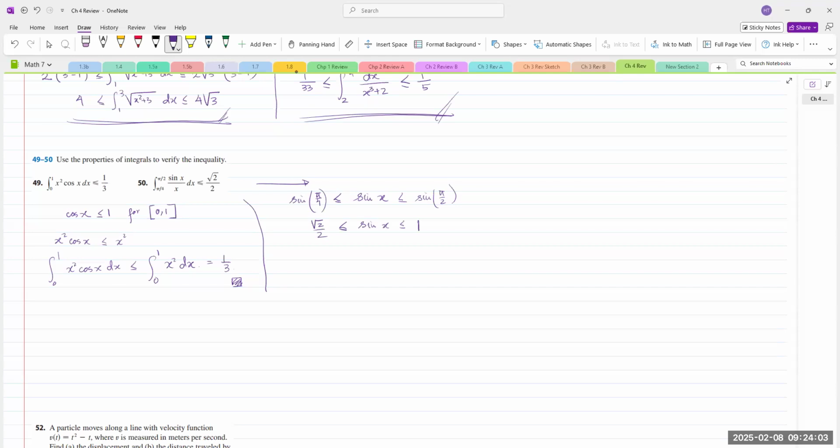So if I divide by x, what happened? The thing is the x is between those two numbers though. Or should I? Let's do 1 over x first then. So 1 over x, what is the minimum?